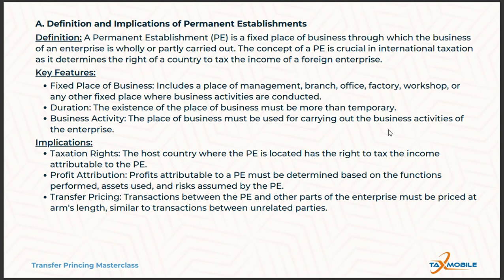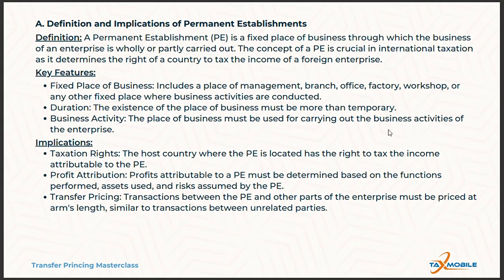Now, understanding whether your business activities create a permanent establishment in a foreign country is essential because of the significant tax implications that follow. So now let's look at the key features of a permanent establishment.